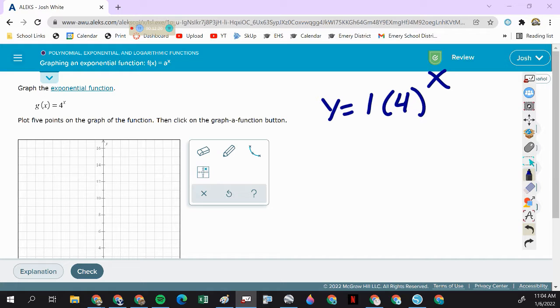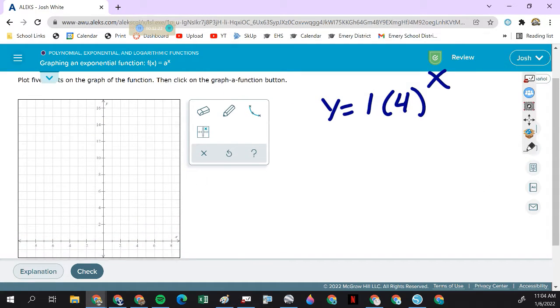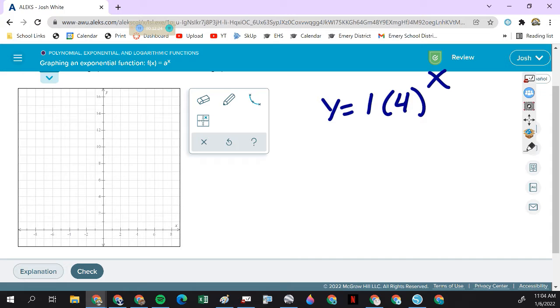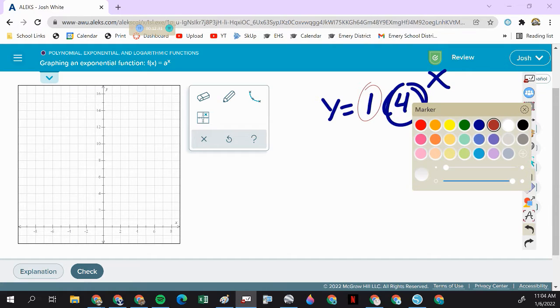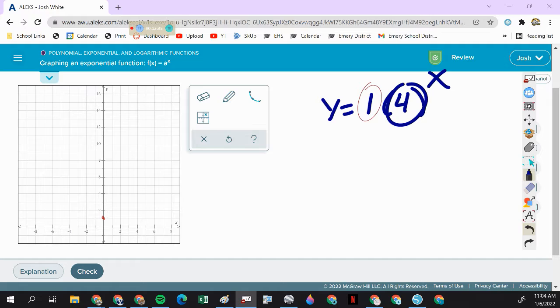So where does this graph start? How much money's in the bank account? So this is the start, and this is the increase. So this one starts at 1, and then multiply it by 4, multiply it by 4, and then it's going to go off the page.